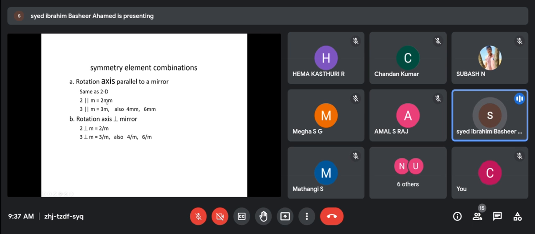Okay, there may be one mirror, or you may have 2 mirrors or 3 mirrors also. Okay, so if it is 1 mirror, 2m, if it's 2 mirrors, 2mm, and so on. Okay, then for rotation axis perpendicular, it will be written like 2 bar m, okay, or 3 bar m, and so on.